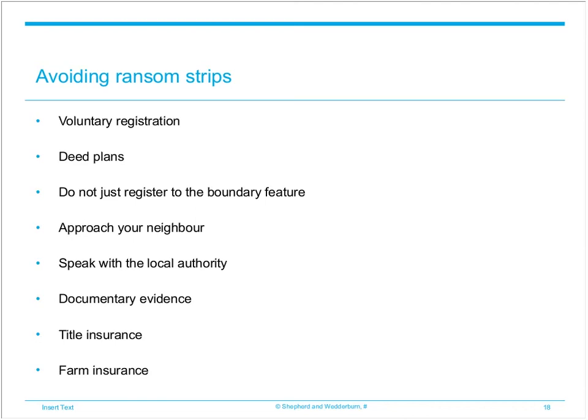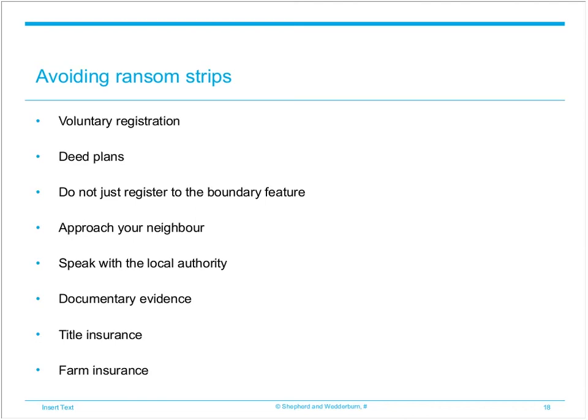There are, we suspect, a number of savvy landowners out there who are registering land up and down the country in the hope that it might later become a ransom strip. However, it's important to bear in mind that voluntary registration is not a land grab.